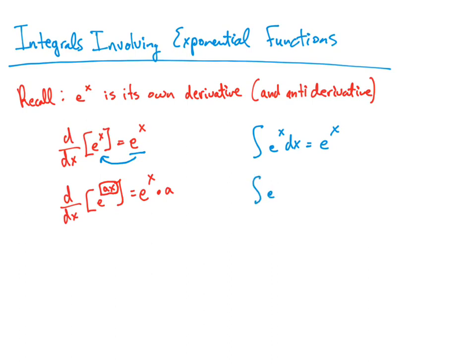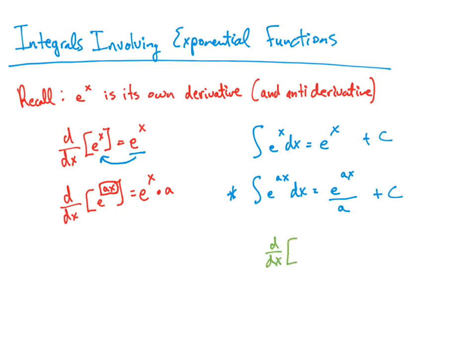And then if we have e to the ax, where a is a constant, we get e to the ax, but then we have to divide by a here, and I guess I need to put a constant on both of these.